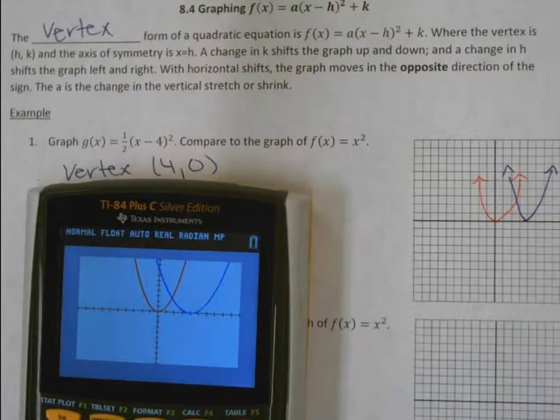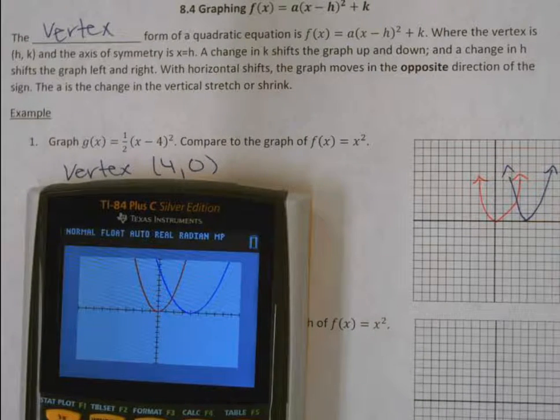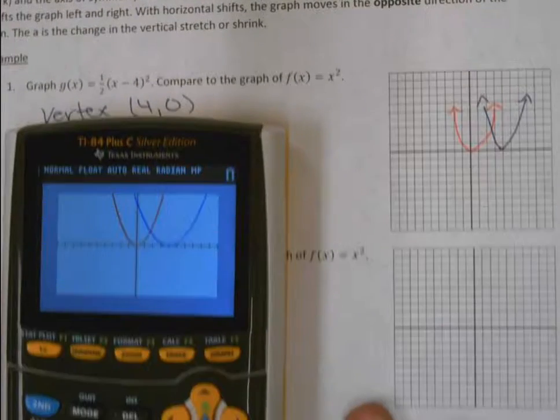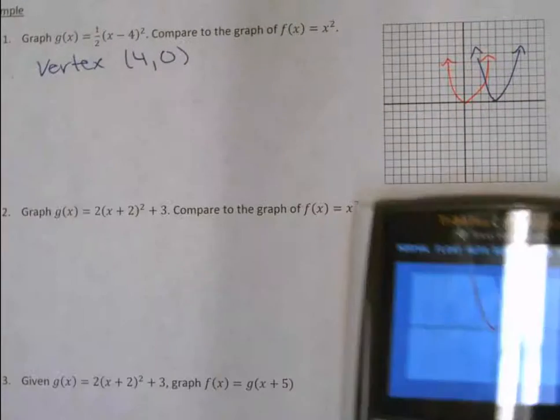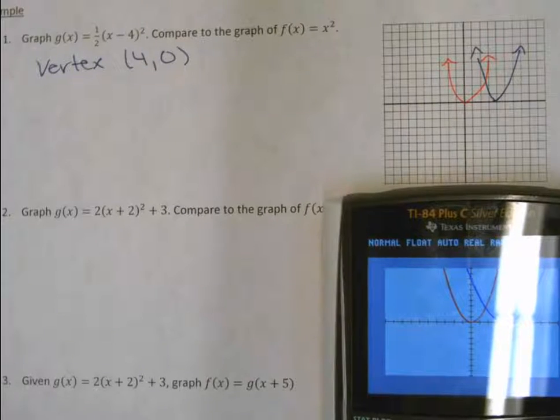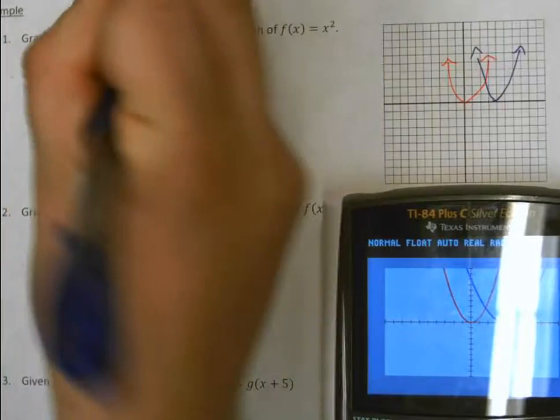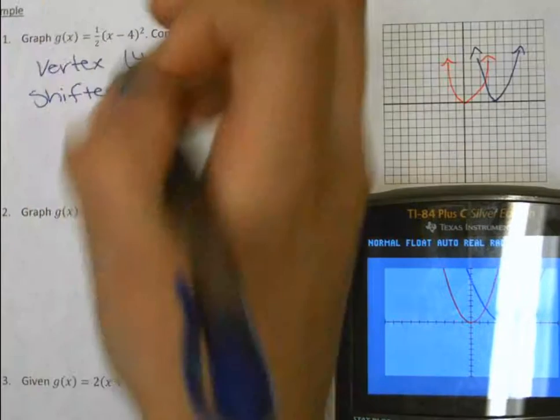So how is my blue graph different than my red graph? Yeah, it's shifted to the right 4, and this number came from inside my parentheses.